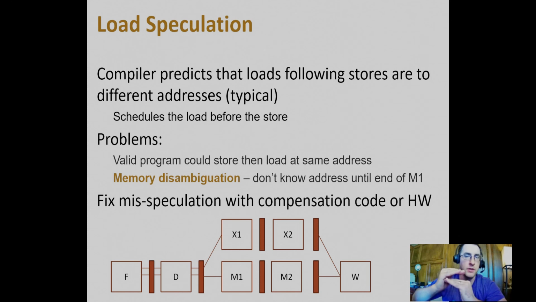So in the program, we have a store followed by a load. The compiler is going to assume that the store and the load are to different locations. If they're to the same location, that means that the load should get what that store stores. So I store to A, I load from A, I better get A. Now, if I assume that I'm storing to A and I'm loading from B, then I can move that load before the store because they're independent of each other.